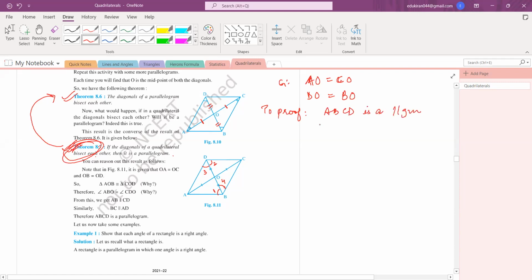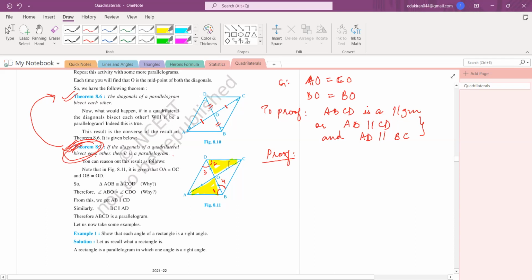So this means you have to show that AB is parallel to CD and AD is parallel to BC. So basically this you have to show. Okay, let's do the proof. First we will use these two triangles here, triangle AOB and triangle COD.